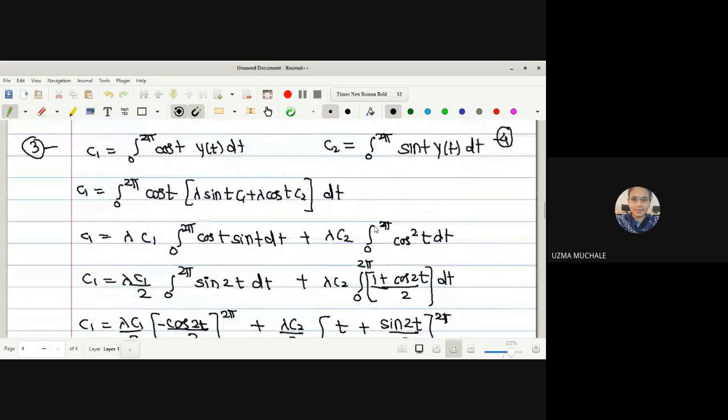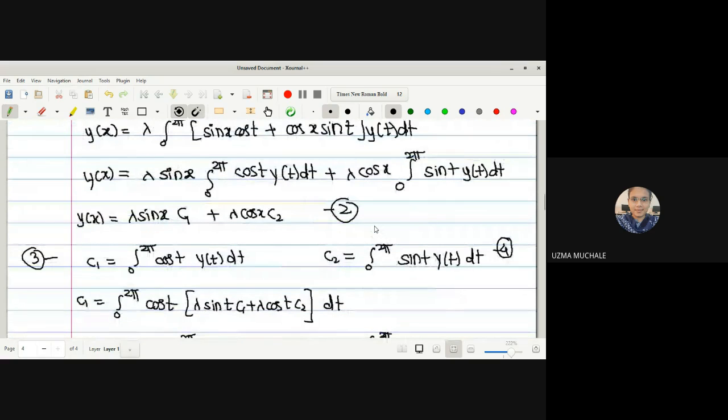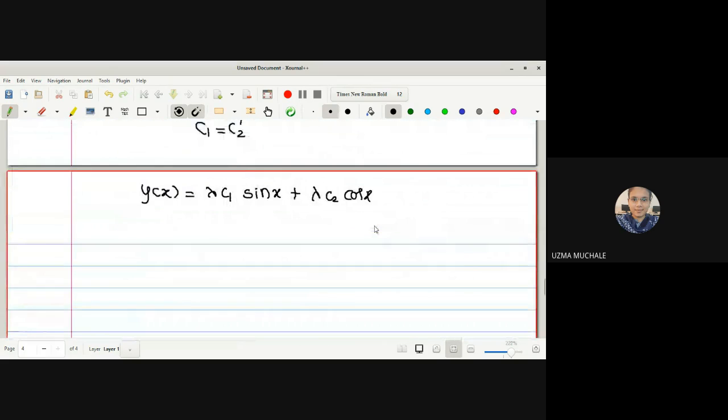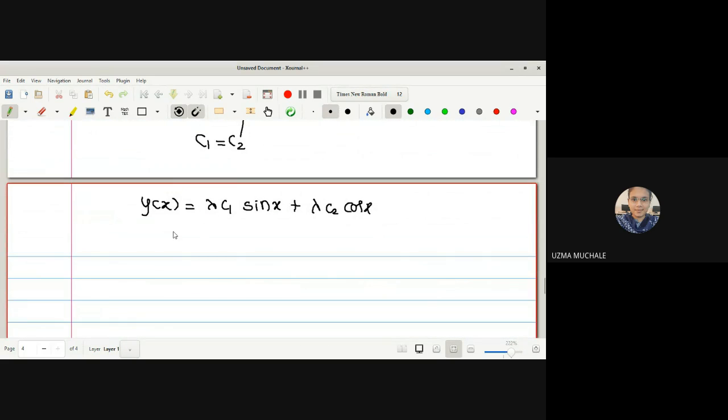We have obtained lambda C1 sin x, lambda C2 cos x. Okay, simply we have written the values of C1 and C2. These are nothing but the integration constants. Here we found the value of C1 is equal to C2. So hence we can write wherever you are having C1 you can put C2.